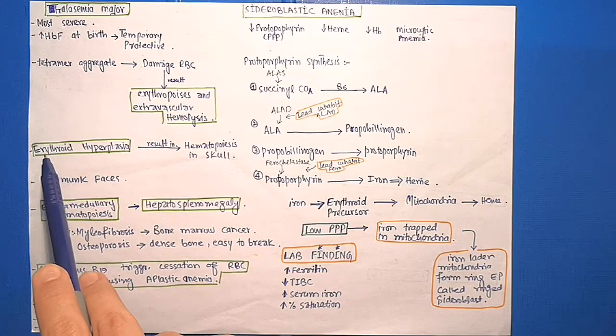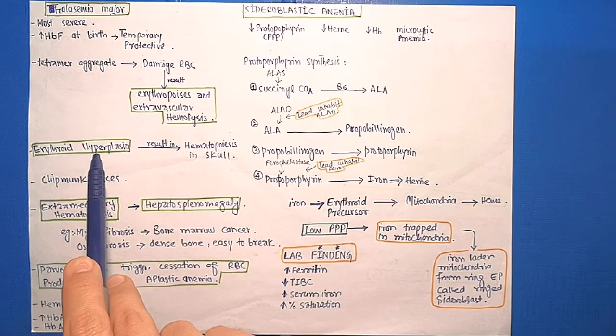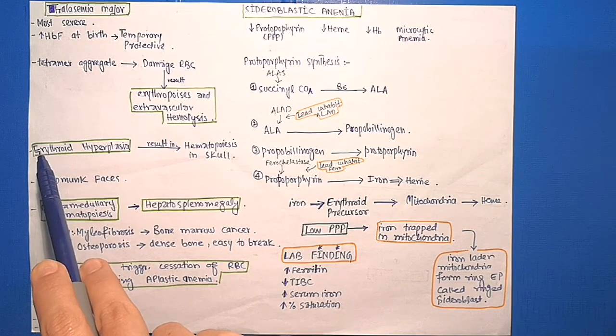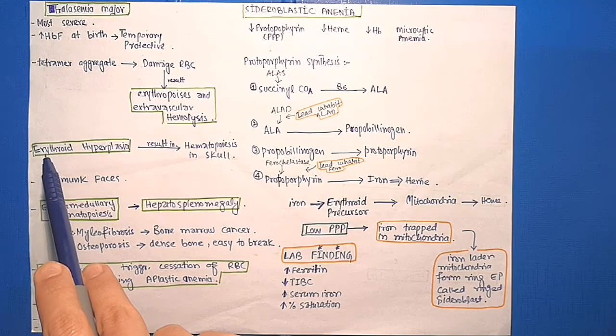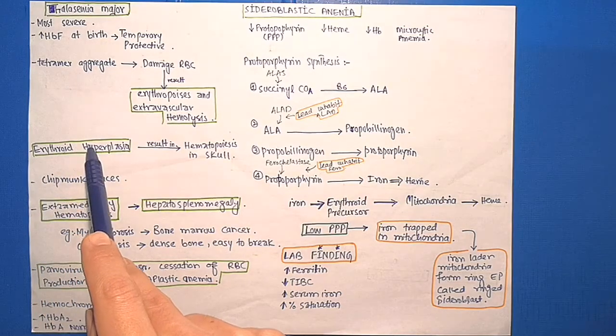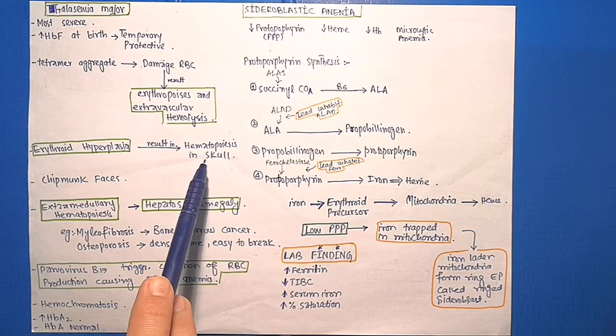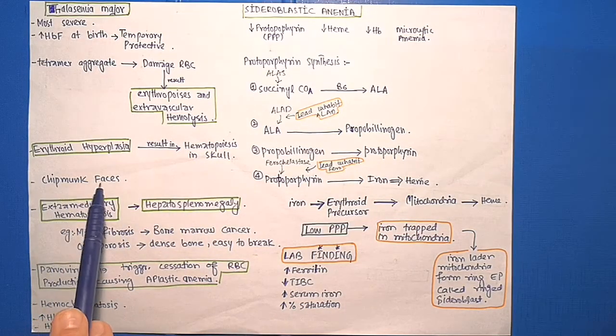and erythroid hyperplasia. Erythroid hyperplasia is the expansion of immature red blood cells in the bone marrow, which results in hematopoiesis in the skull and chipmunk faces.